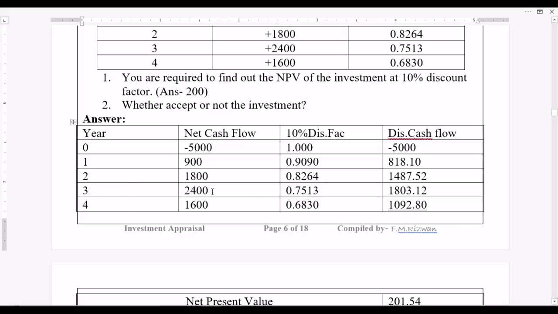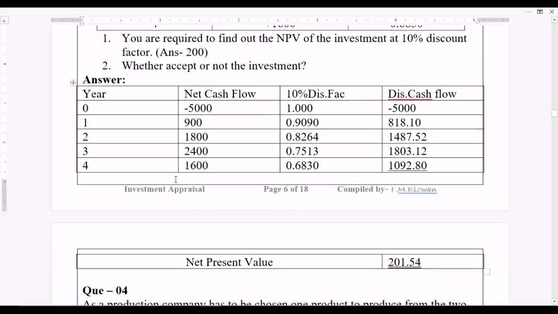In the third year, cash inflow is 2,400. So the discount factor is this. Multiply and find the present value. So the present value is 1,803.12. Right. At the end of the fourth year, the cash inflow is 1,600.